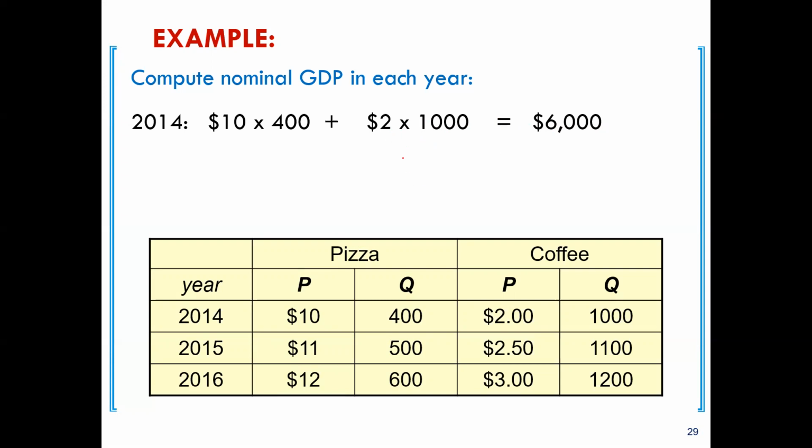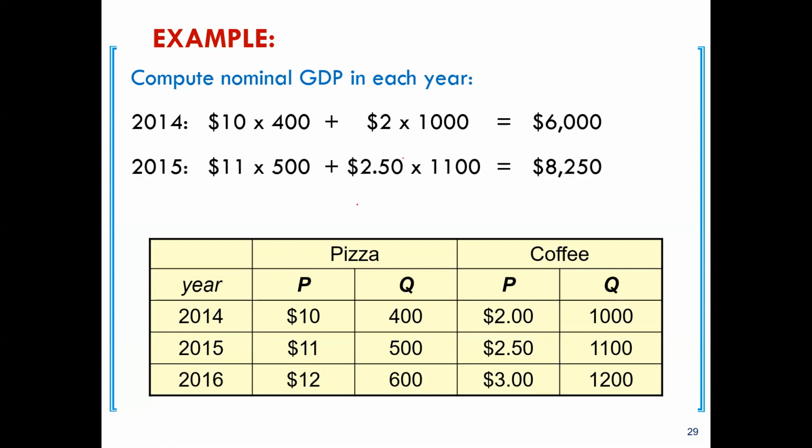In the year 2015, we can equally compute the value of GDP by following the same procedure, and we can see that it is $8,250. In 2016, it is $10,800.